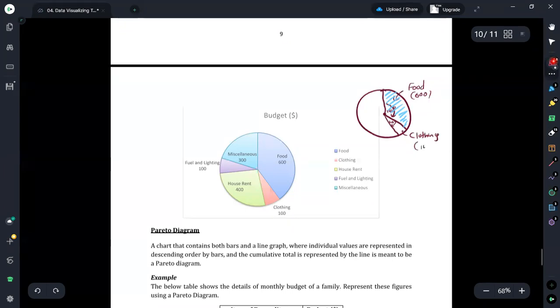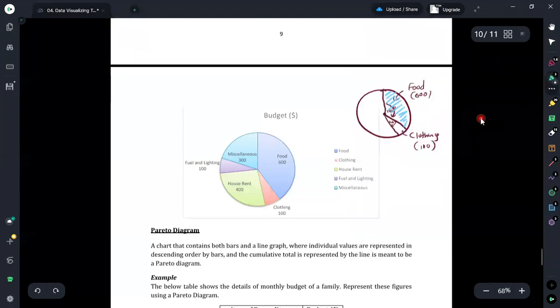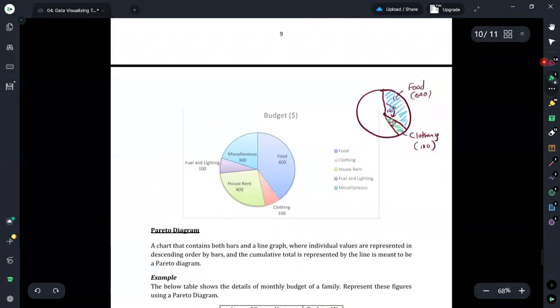And I will name this as 100. And if I use another color to show this, then I can take it as it is using this green color. And then for house rent, the angle was identified as 96 degrees.